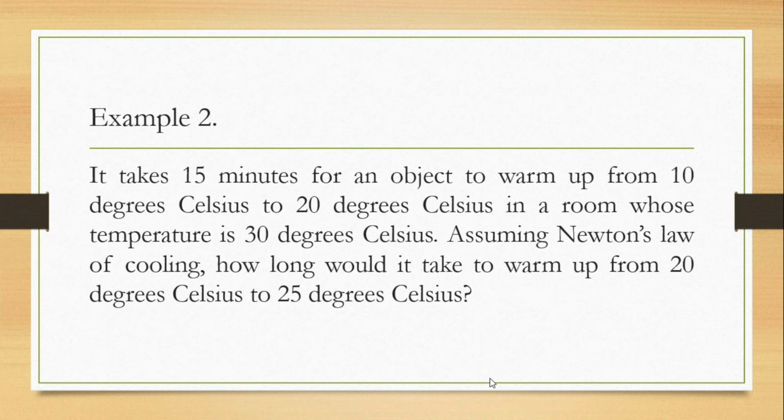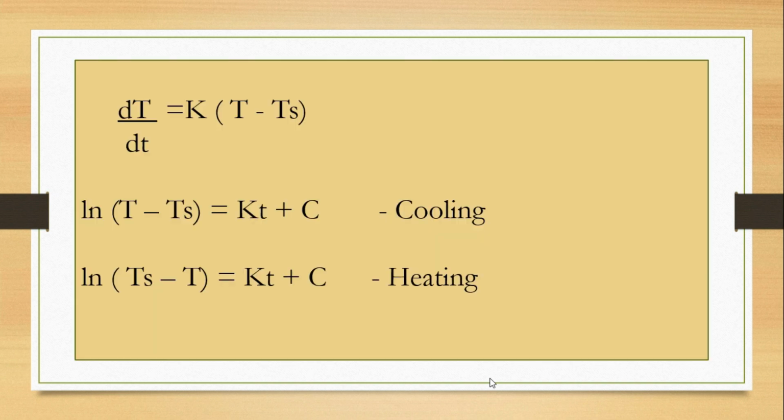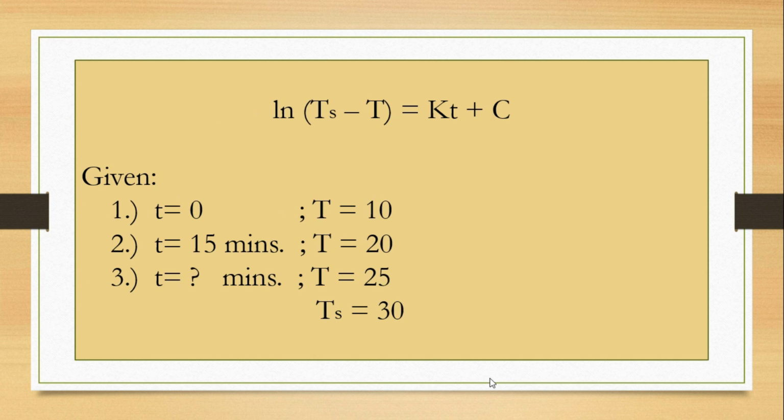So the process is warming up, which is heating. So we will use the second formula, which is ln of Ts minus T is equal to kt plus c.